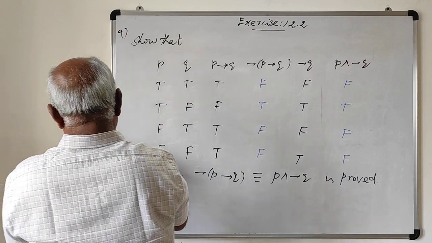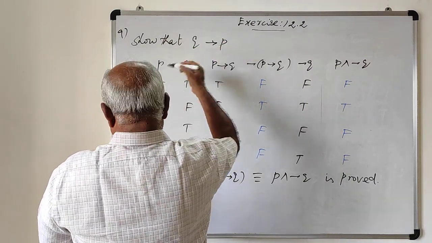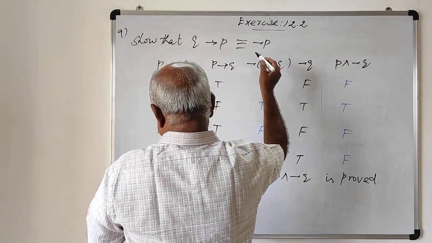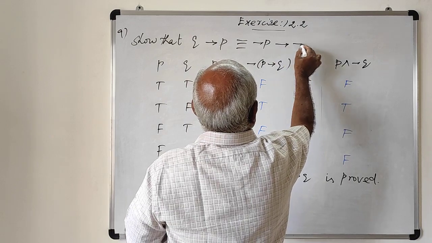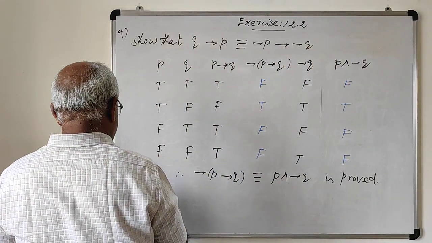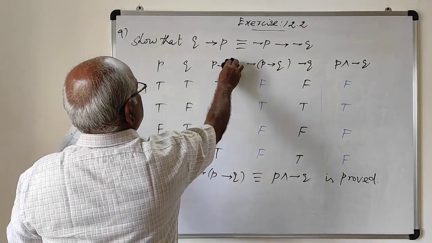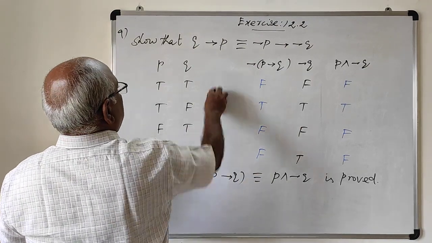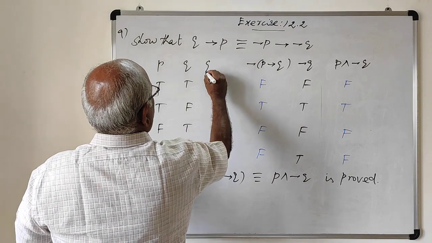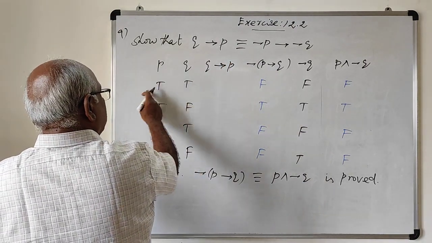Ninth problem, show that Q implies P is equivalent to negation P implies negation Q. P, Q are here. Next we want Q implies P. If Q then P.